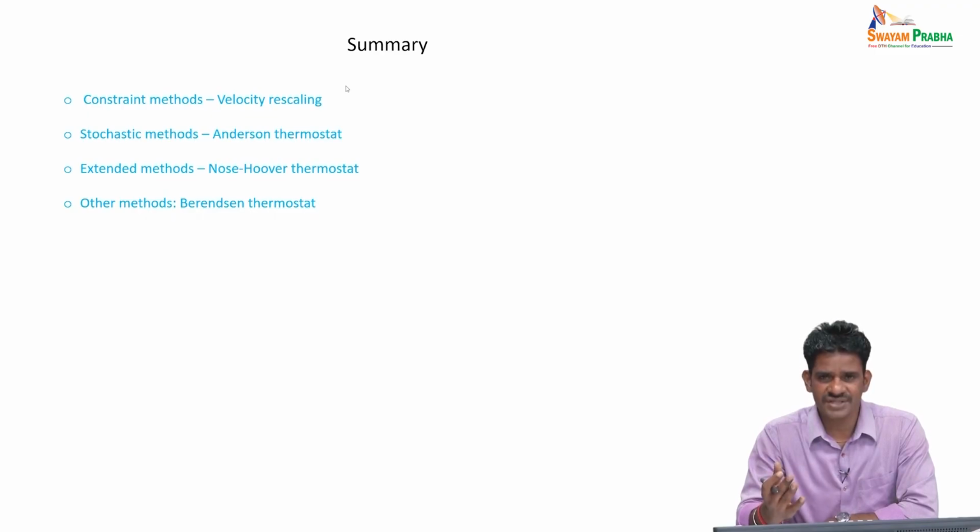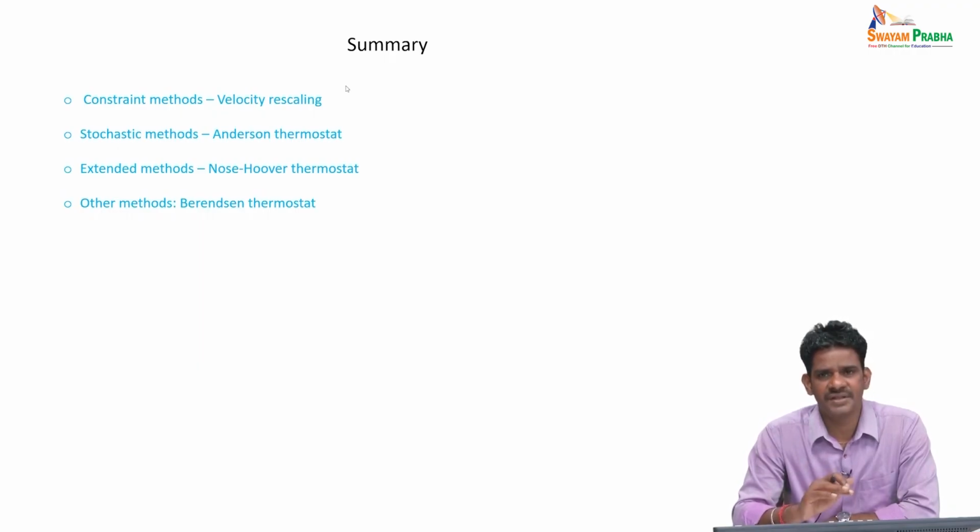Then we talked about the stochastic method, where the coupling between the system and surrounding is governed by some stochastic collision between the system and surrounding, where we randomly select some particle from the system, based on certain probability, we reassign the velocities from a sample taken from the Maxwellian distribution itself.